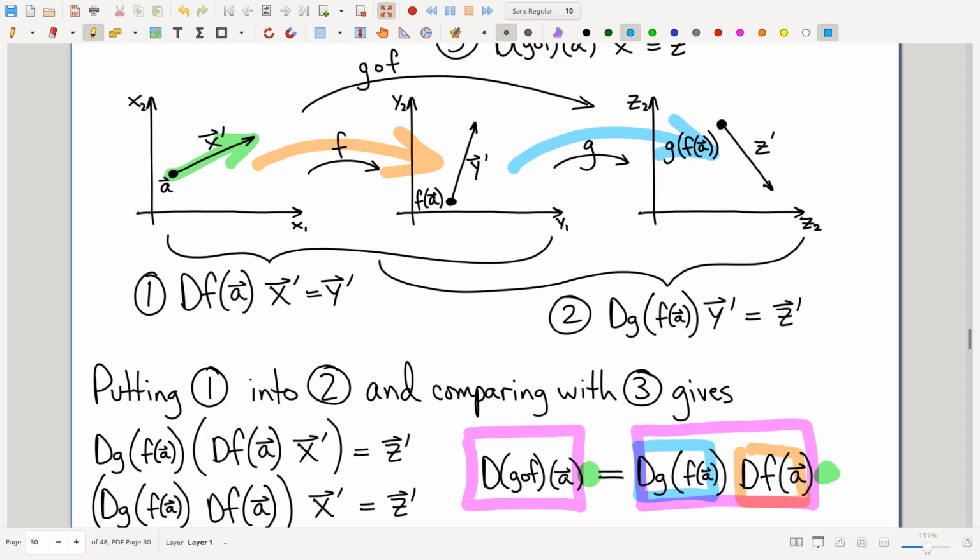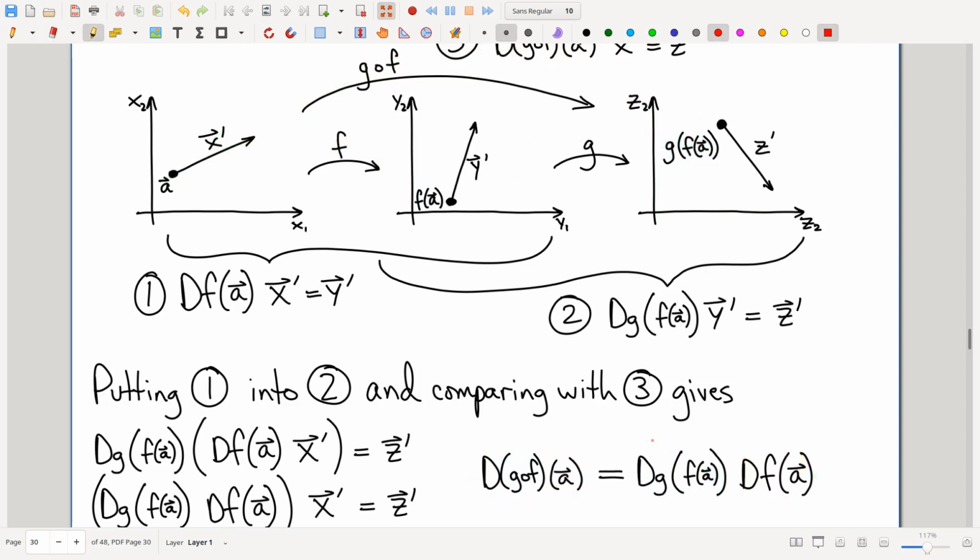Or alternatively, you can just apply the derivative of the composition directly to get the exact same z prime. So therefore, these two matrices in purple have to be equal to each other. So that's all it is. If you look at it from the point of view of matrices, it's not that deep.